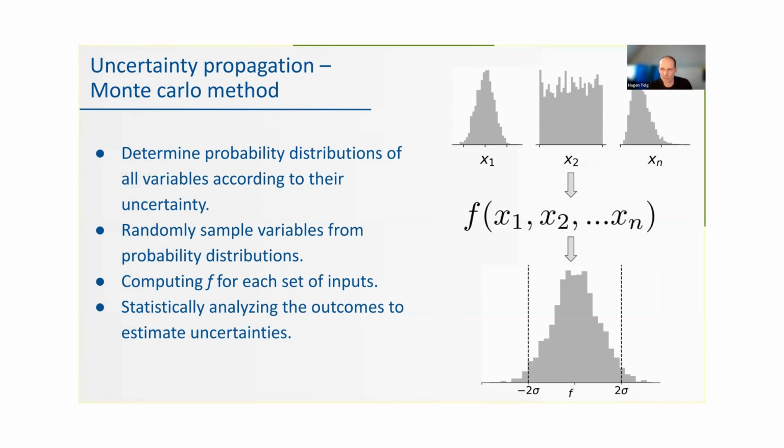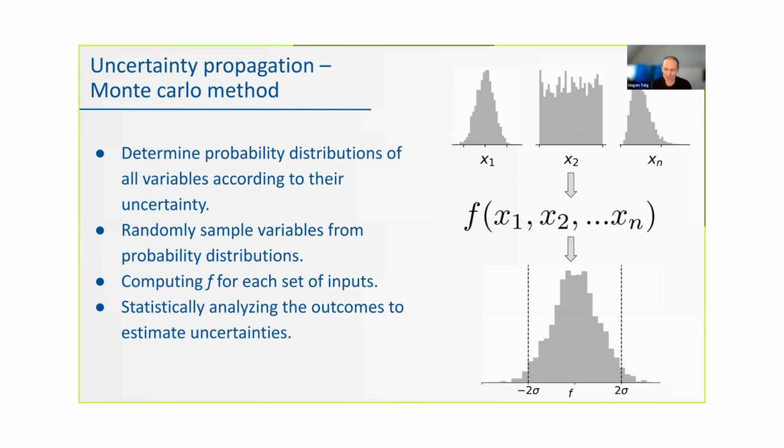Then in the next step, you always take one random set from these distributions, and you apply it to a function. The dependent variable that you get from this function is, of course, the parameter of interest. In this case, it would be the scattering coefficient.